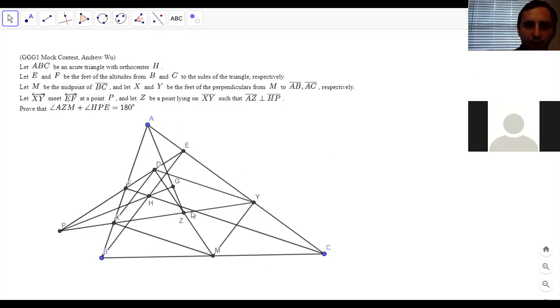Yes, exactly. So Z, it's the midpoint of XY, it's the midpoint of DM.